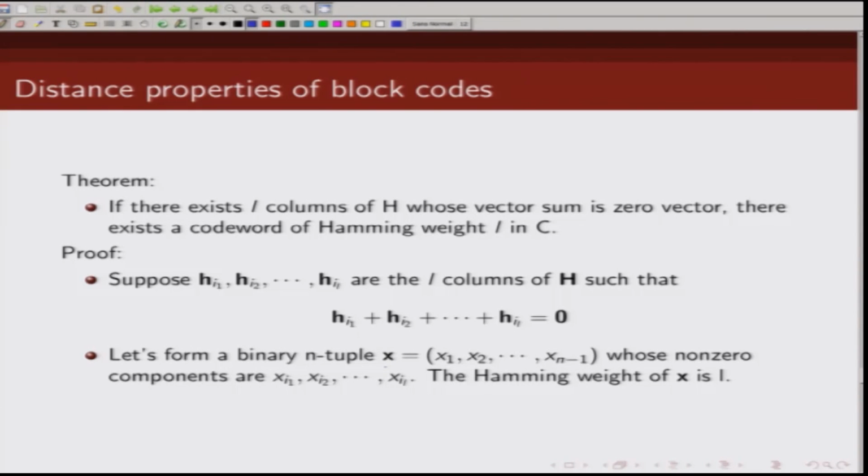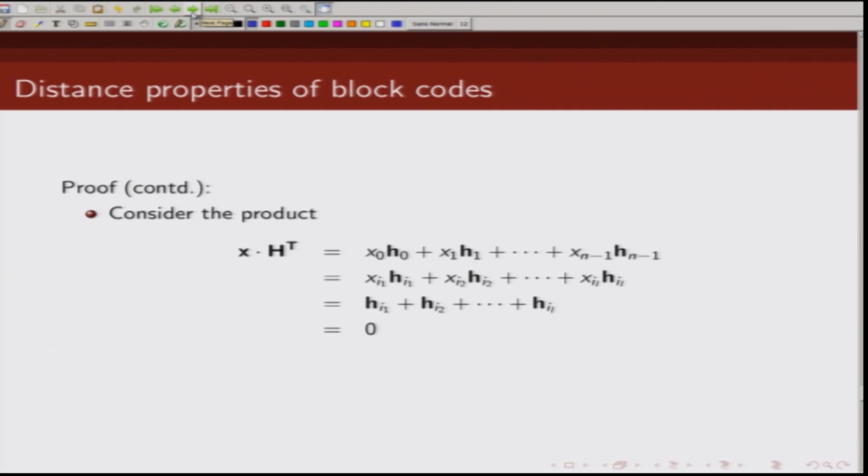Well, if x is a code word, x H transpose will be 0. So, let us evaluate x H transpose. What is x H transpose? It is given by x0 h0 plus x1 h1 plus x2 h2 plus up to x(n-1) h(n-1). Now, since we know that L elements of this n-tuple x are non-zero and they are given by xi1, xi2, xi3 up to xiL.